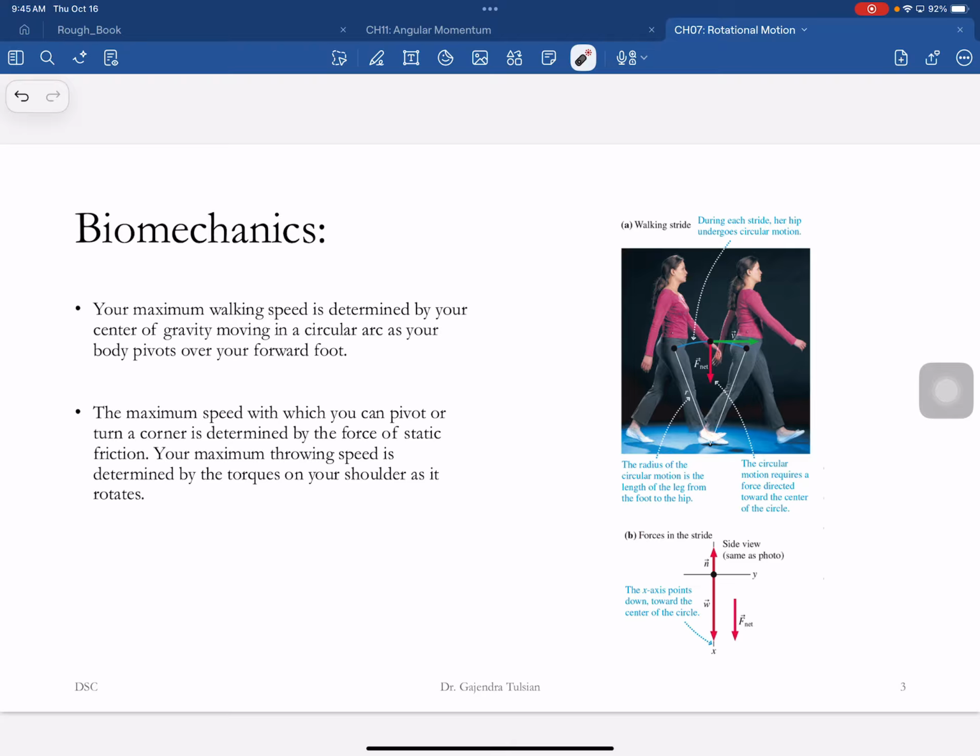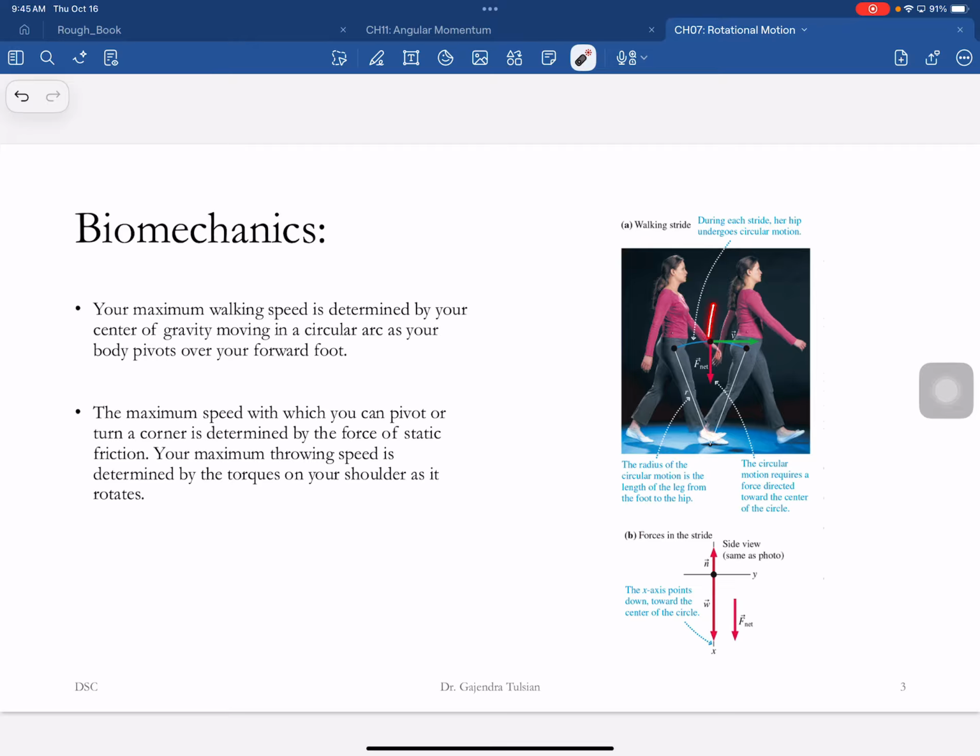And here's where the forces are coming from. So here's the center of mass at the midpoint. Here's the weight of the person, the weight of the lady. And you see there's a normal force on the foot pointing upwards. There is the normal force. That's the push of the ground on her foot.